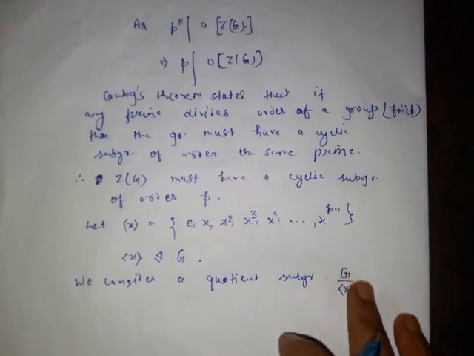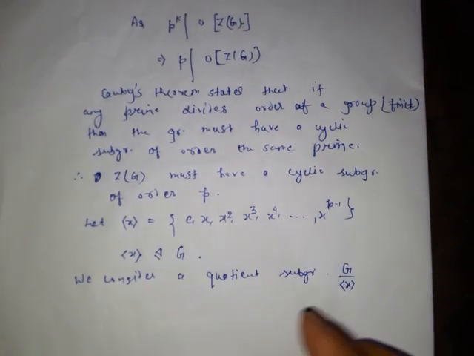Because it is normal, this becomes a quotient group.